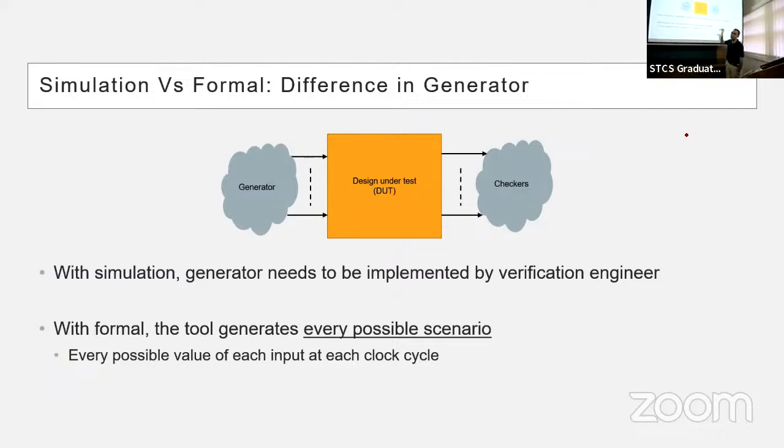So let's say if an input is 3-bit, meaning it can have value 0 to 7, on each clock cycle, it will try all those 8 values before moving to the next cycle. So the way it progresses is cycle by cycle.